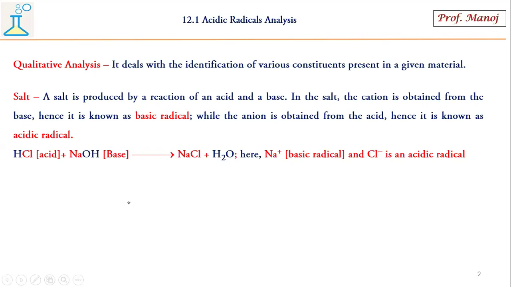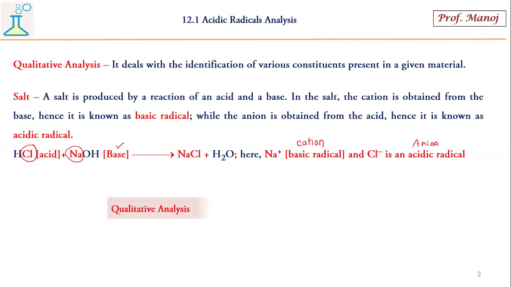So in simple language, whatever you see under the anion part will be called acidic radical, and whatever you see as the cationic part will be called a basic radical. So in simple language, cations will be called in the salt as basic and anions will be called as acidic.